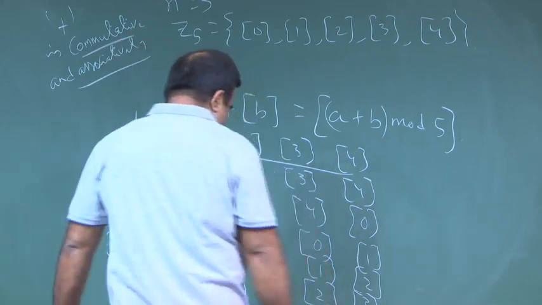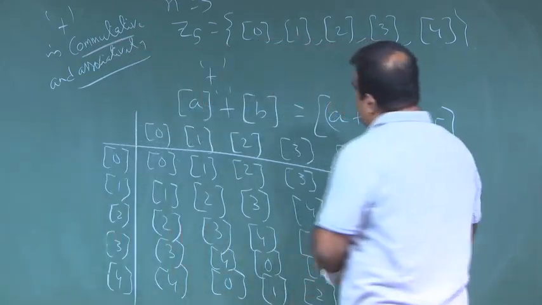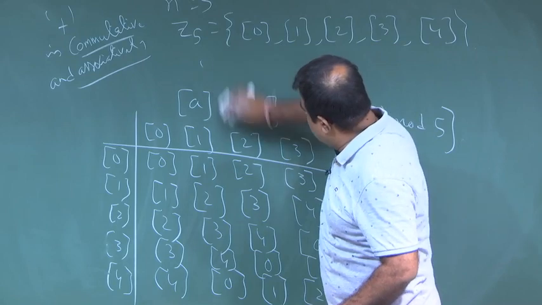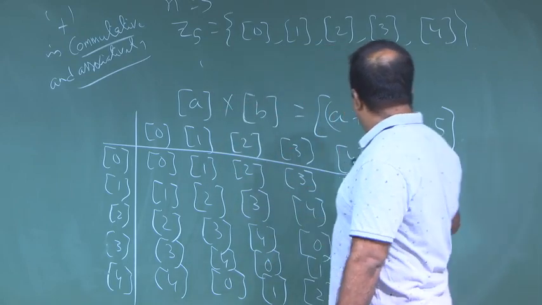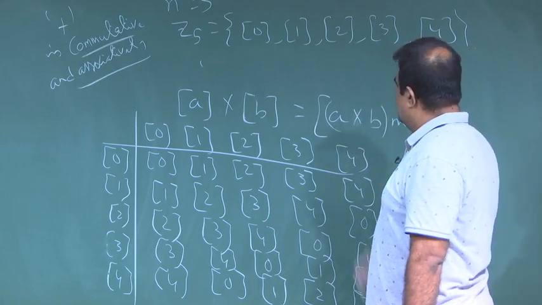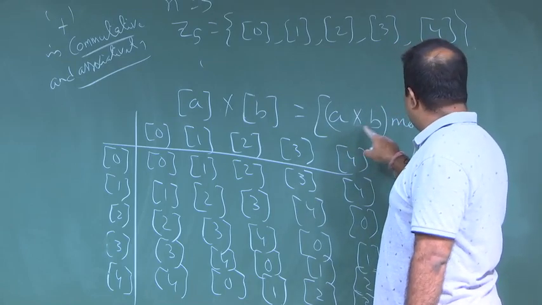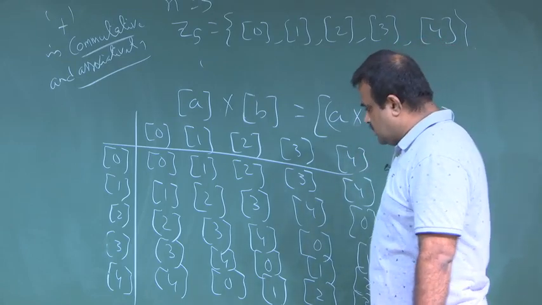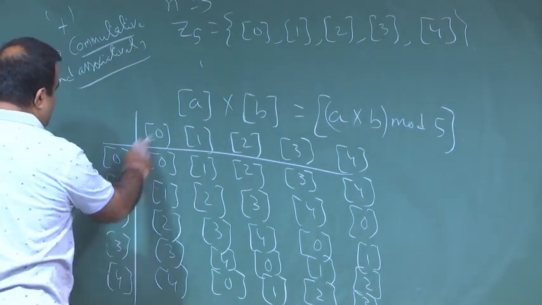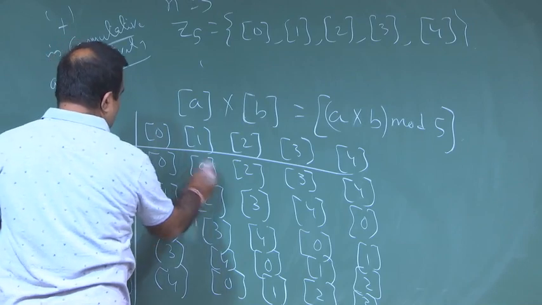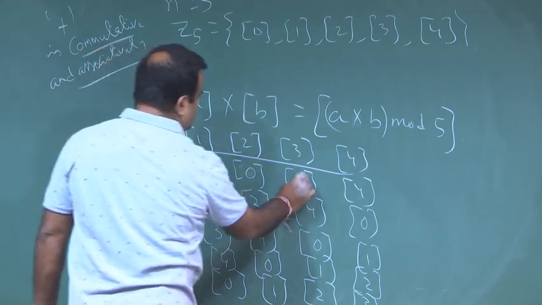Okay. So, again, instead of plus we can define multiplication, so this will be A into B mod 5. If you do that, then it will change like this. If you multiply, with 0 all will be 0.